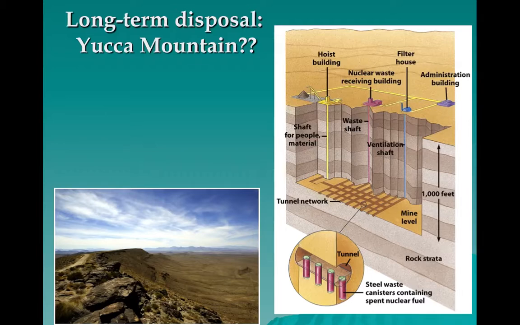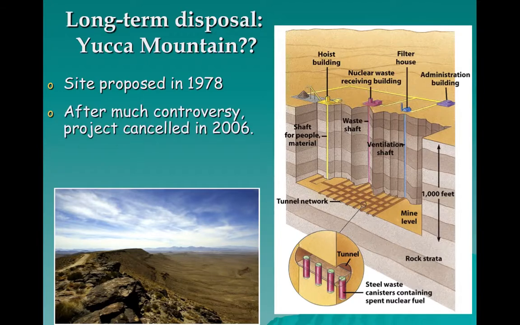disposal option. And there was for a while a site proposed in Yucca Mountain in Nevada in 1978. And it was very controversial, obviously, because nobody wants a permanent nuclear waste dumping ground near them.